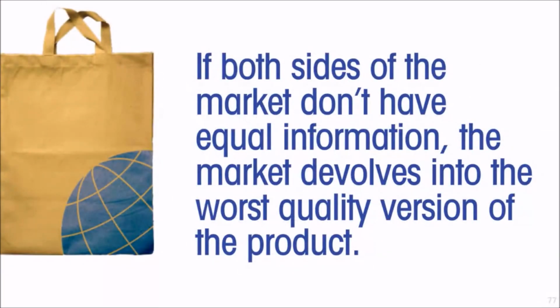What you can take away from this is that if both sides of the market have equal information, then the market works fine. But if both sides don't have equal information, the market devolves into the worst quality version of the product.